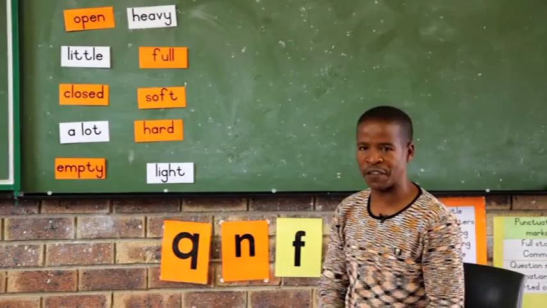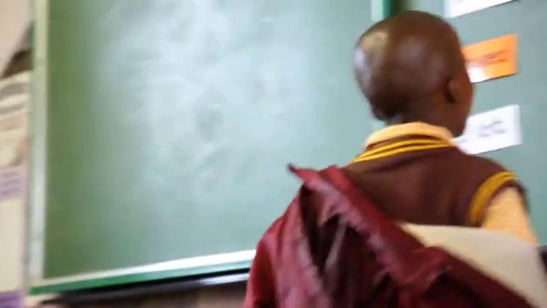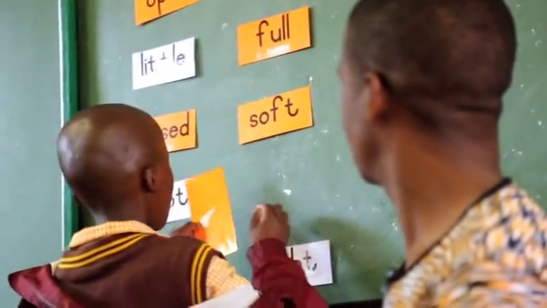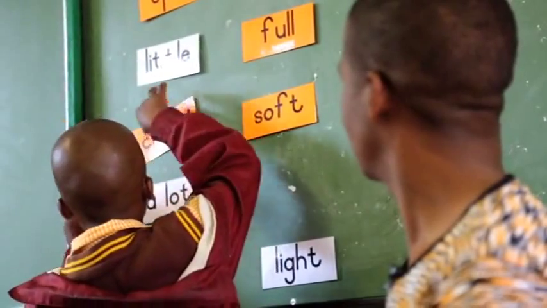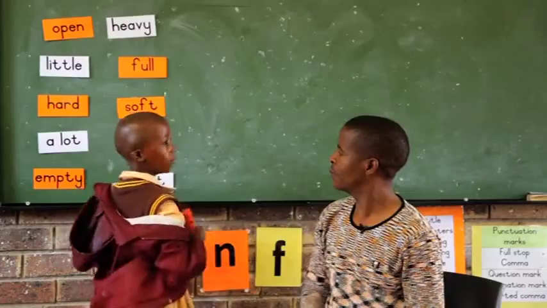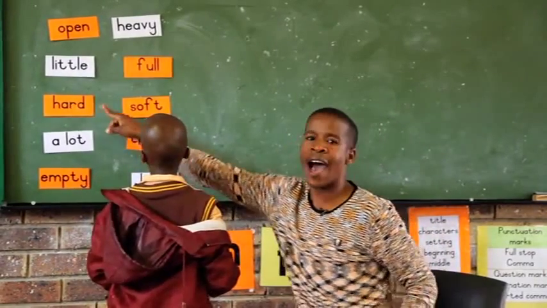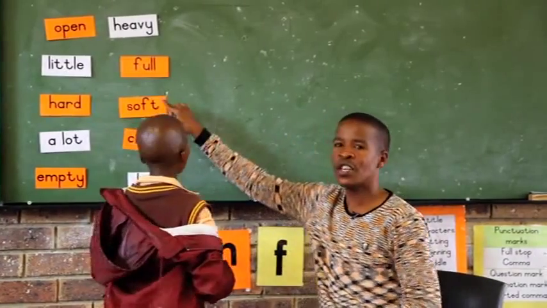Bujiri, come and help Figile. Good, Figile. The word hard matches with the word soft.